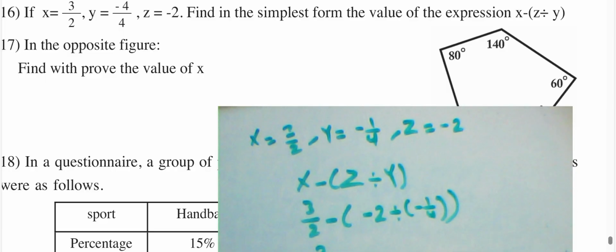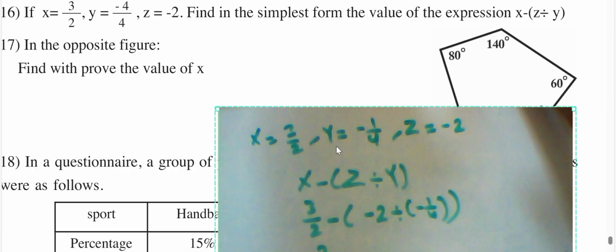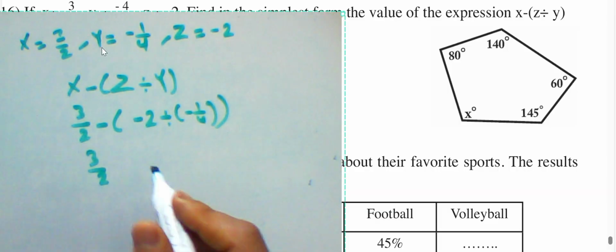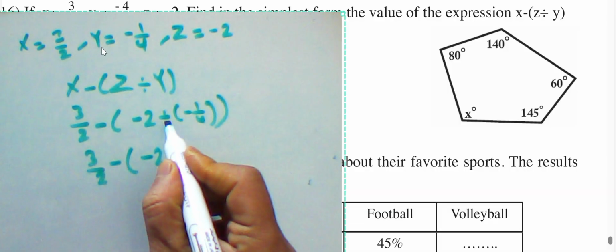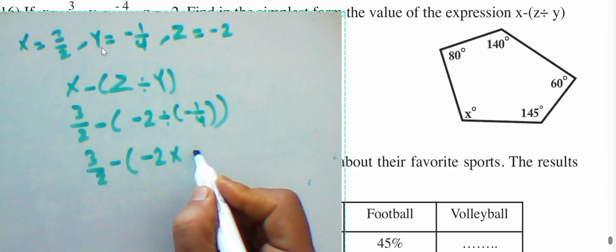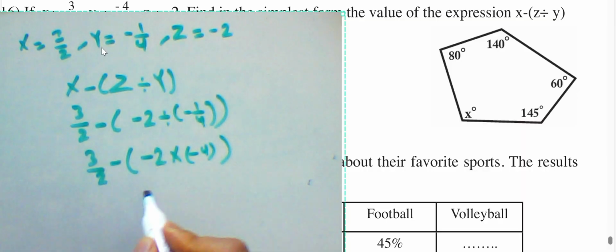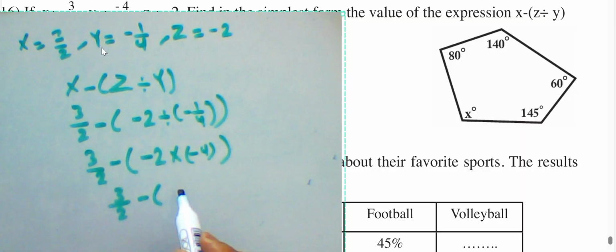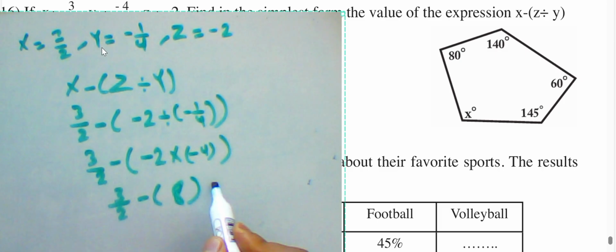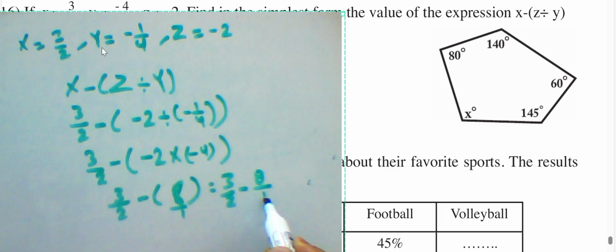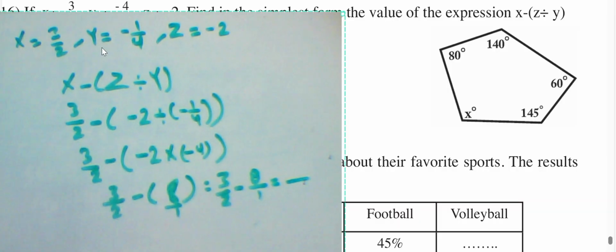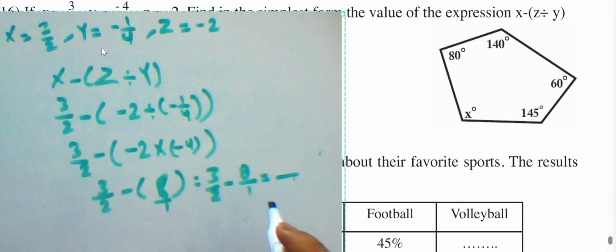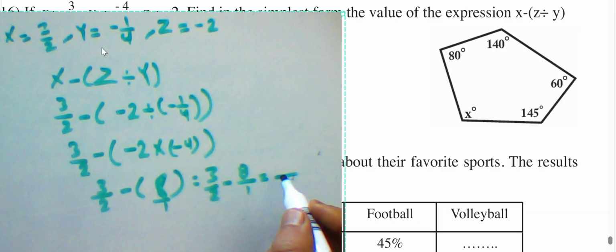Then we write 3 over 2 minus negative 2 divided by negative 1 over 4. Change division to multiplication and write the reciprocal, negative 4. Negative times negative 2 is positive 8. Then we write 3 over 2 minus 8 over 1, and the least common denominator between the two fractions will be 2.